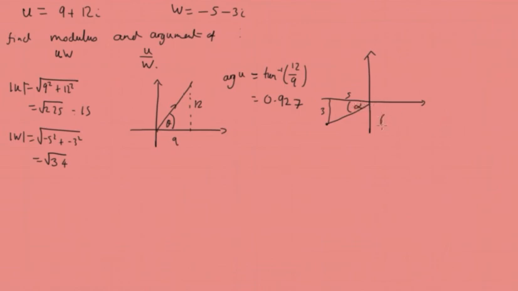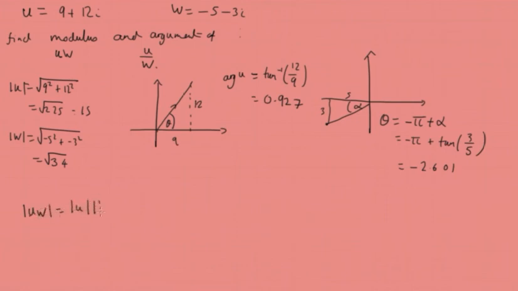So for this one, theta is going to be minus pi plus alpha, which is minus pi plus inverse tangent of 3 over 5, which gives us minus 2.601.